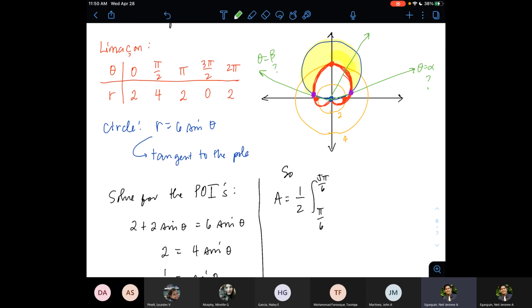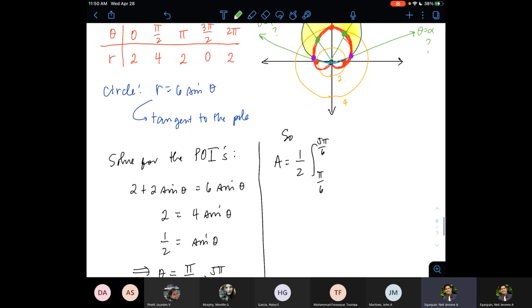And you notice here that the outer radius will be determined by the blue curve, and the inner radius will be determined by the red curve, right? And that is uniform across all theta values, because even if your radial line is over here, your outer radius is still the blue curve, and your inner radius is still the red curve. So no need to split the integral up into pieces, right?